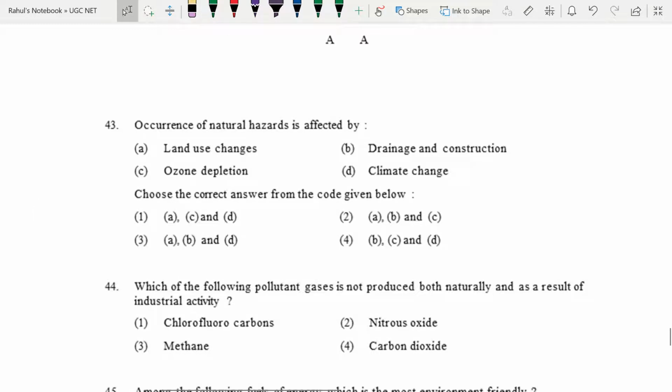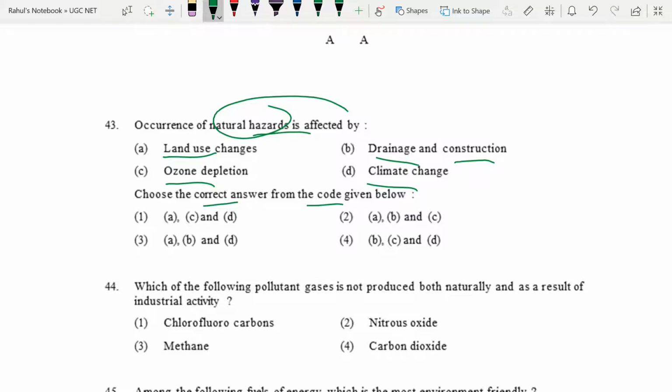Question number 43. Occurrence of natural hazards is affected by option A, land uses, option B, drainage and construction, option C, ozone depletion, and option D, climate change. So the occurrence of natural hazards is affected by which? Choose the correct answer.